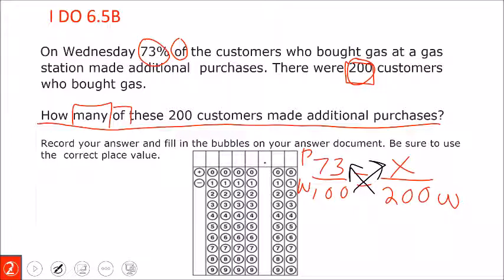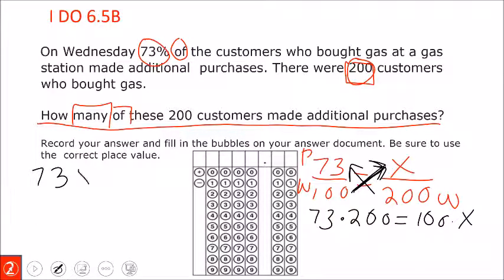So 200 times 73, because this is multiplying. So I have 73 times 200. And then I've got 100 times x. Now 73 times 200.